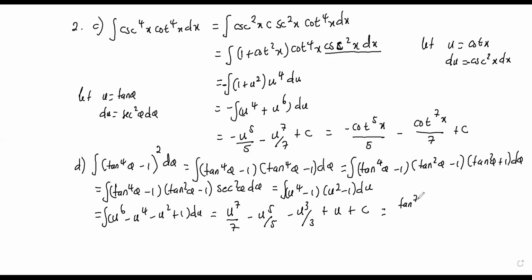So we have tan 7 theta over 7 minus tan 5 theta over 5 minus tan 3 theta over 3 plus tan theta plus C. You see that most of it is not even complicated.